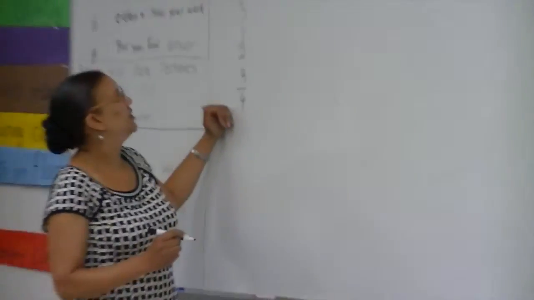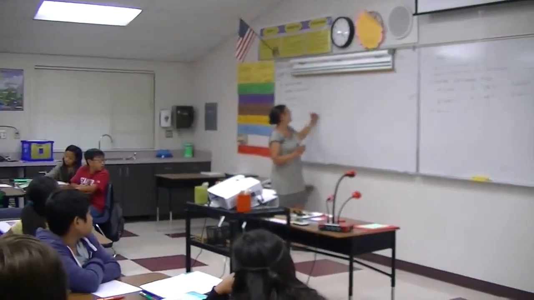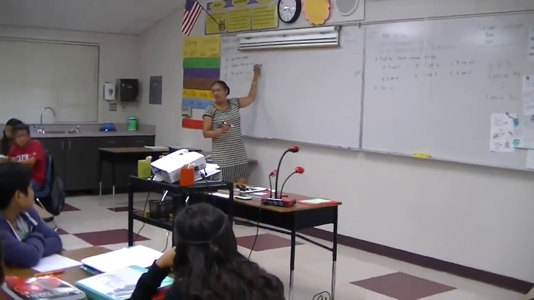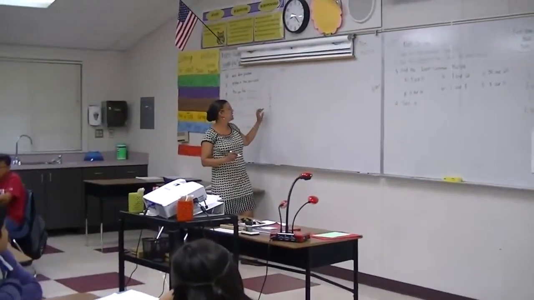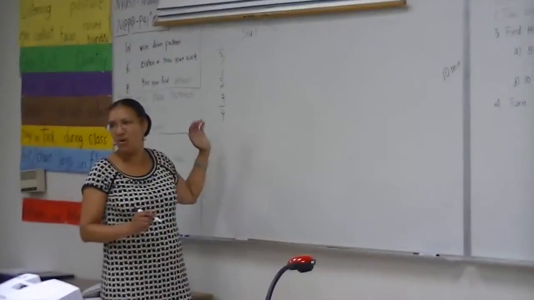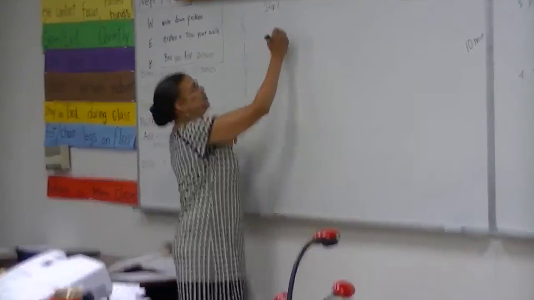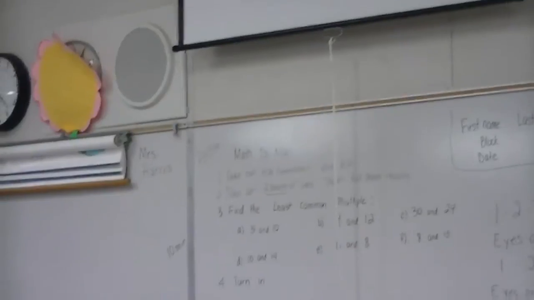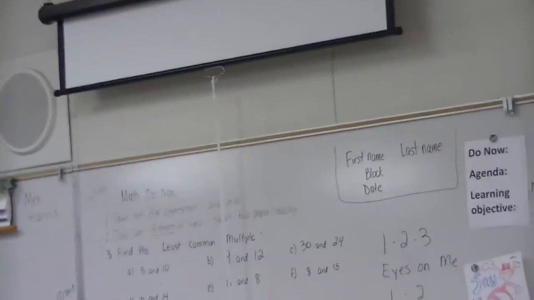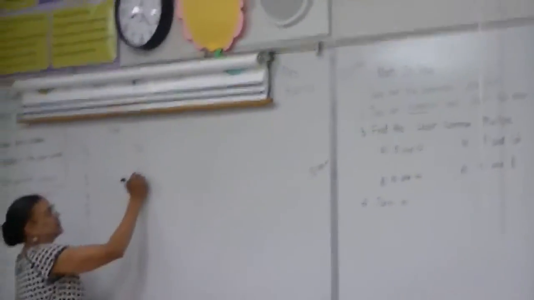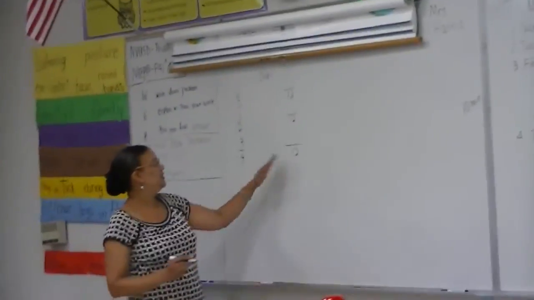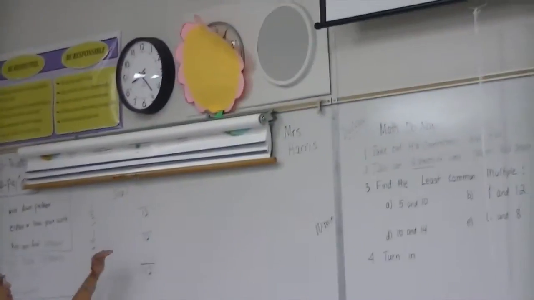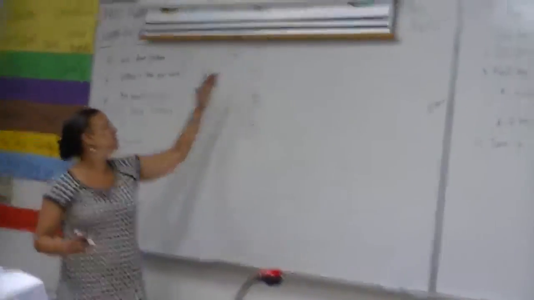So what number can I use that can be divided by 3 and by 2 and by 4 evenly with nothing left over? Nicole. 12. 12 divided by 4 is an even number, no remainder. 12 can be divided by 2 with no remainder, and 12 can be divided by 3 with no remainder.